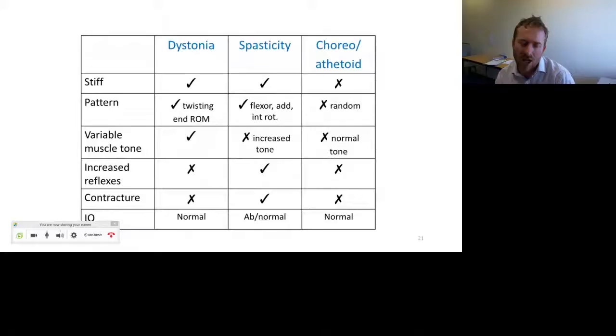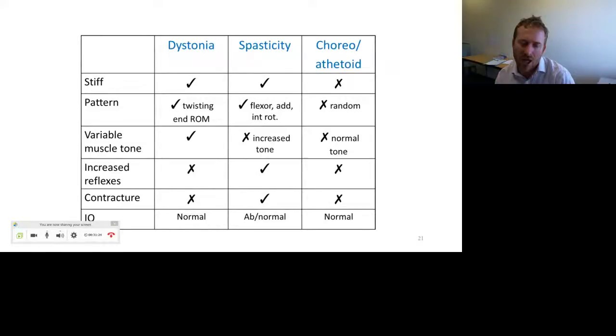This graph might be useful for some of you. Dystonia and spasticity can both be stiff, but there tends to be twisting movement at the end of range of motion for dystonia, and dystonia also tends to be variable in its level of tone, whereas spasticity tends to be much less variable.